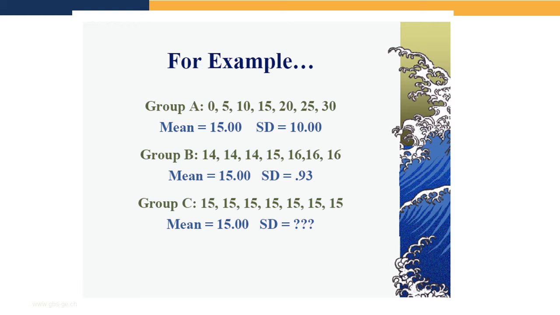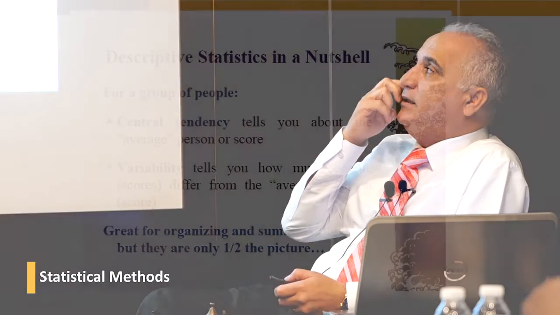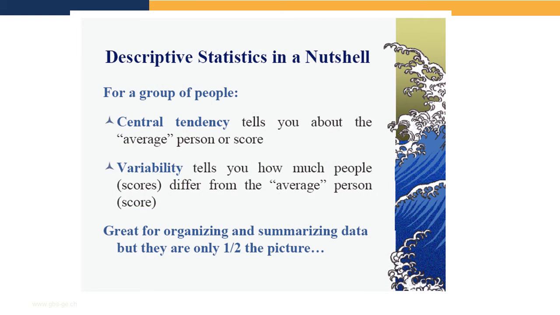The higher the standard deviation, the wider is what? The data. The smaller the standard deviation, the narrower is the data profile. We look for something called central tendency to tell us where is everybody on the average.